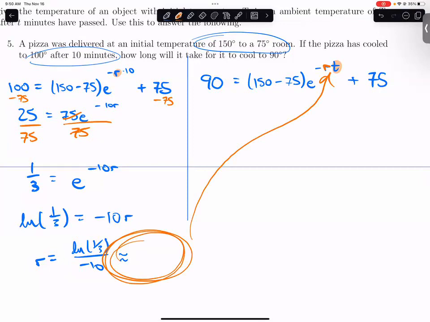And we should have a decent idea, a guess for an answer, to check ourselves. It took 10 minutes to cool to 100 degrees. So how long to cool to 90? It's cooling down, so not less than 10. After 10 minutes, it's 100 degrees.